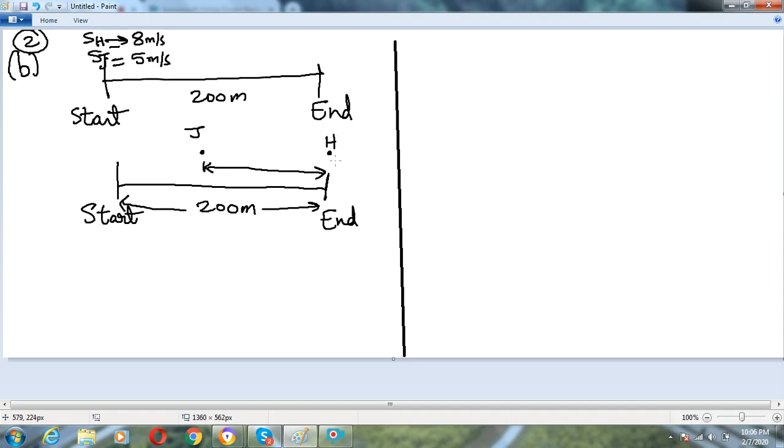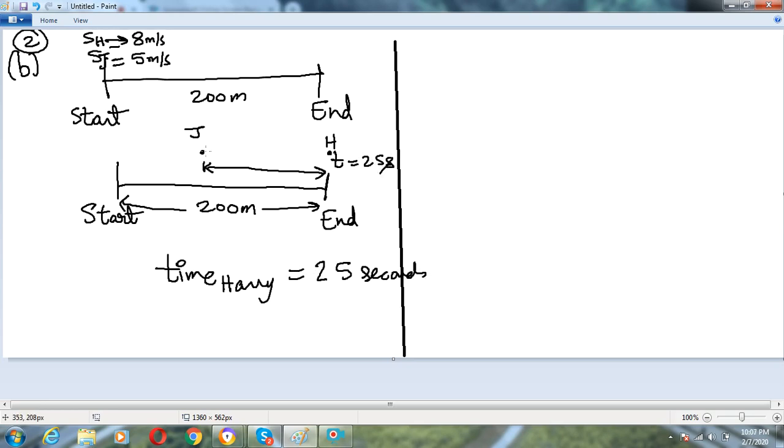We came to know the time taken by Harry, just now we calculated. How much was that? 25 seconds. So at 25 seconds Harry has reached here. Correct.